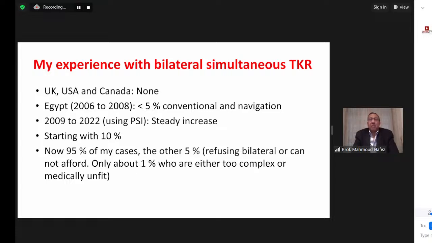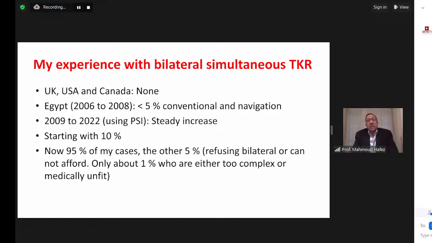I did only one bilateral navigation. I know surgeons like Arun Molaji in Mumbai, India. He's great at navigation, and he told me about his experience in doing bilateral. But this is exceptional; not every surgeon can do this. When you do thousands of cases of navigation, you reach a stage where navigation will probably take less time than conventional.